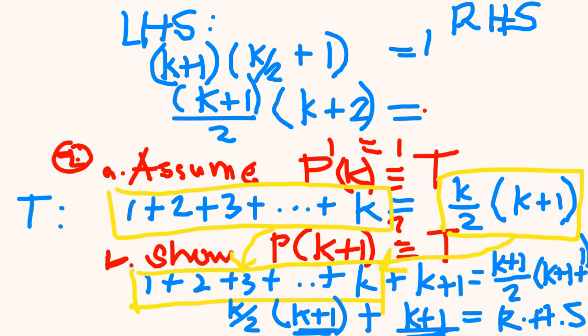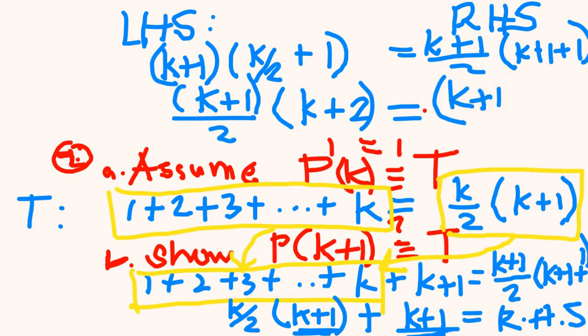The right hand side is k plus 1 over 2 times k plus 1 plus 1, that is k plus 1 over 2, k plus 2.